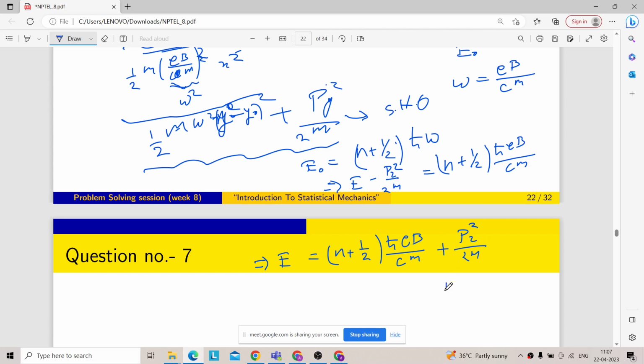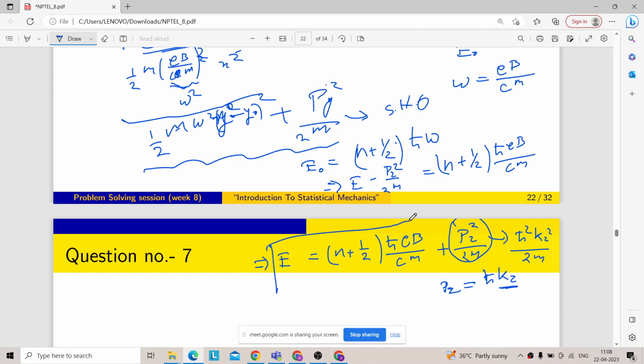Or you can write this operator in terms of eigenvalue. If pz will give some eigenvalue like h cross kz, or it's not exactly eigenvalue, it's a different form where kz is the wave vector. So I can rewrite this term as h cross square kz square divided by 2m.